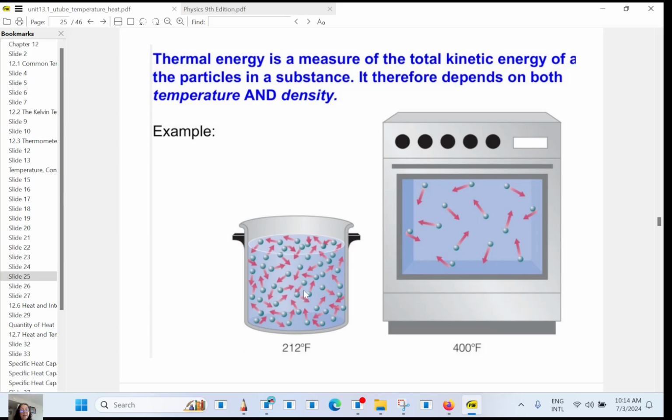If you were asked where you can put your hand in, if you have the choice, of course you will say the oven, and not the boiling water. Even though the temperature is larger, even though the kinetic energy per molecule is larger, because the density is smaller, the thermal energy will be smaller.